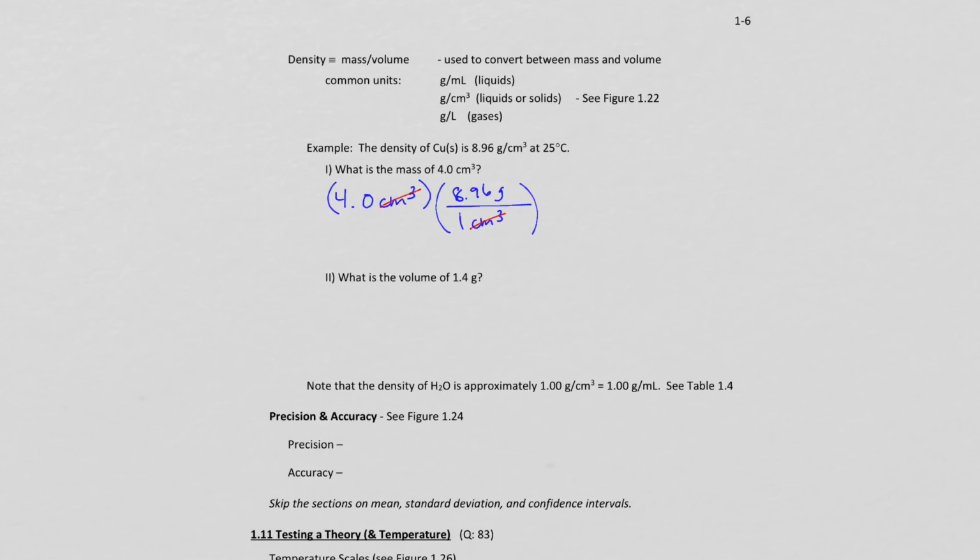Cubic centimeters cancel, so your answer is merely 4 times 8.96, which is 35.84. But I can only report my answer to 2 significant figures. So I usually like to write a little arrow, put 2 significant figures, make a little jellyfish, and say 36 grams.